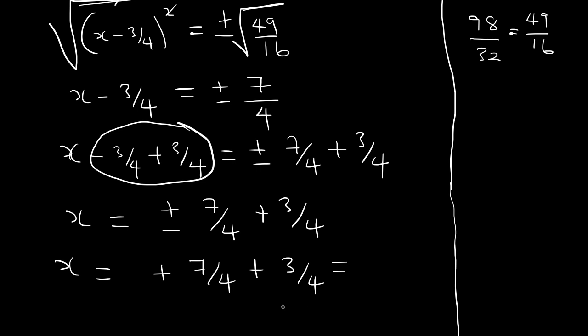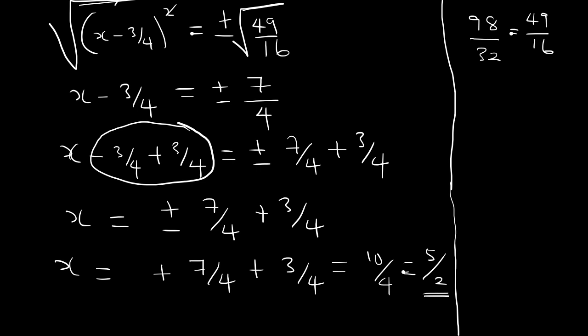And the denominators are the same, so we'll add up the numerators. 7 plus 3 is 10. So that gives us 10 over 4. And if we reduce it by 2, 10 divided by 2 is 5, and 4 divided by 2 is 2. And we'll have 5 over 2 for the first case.